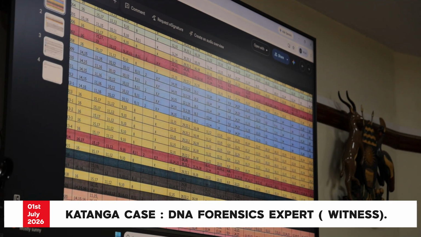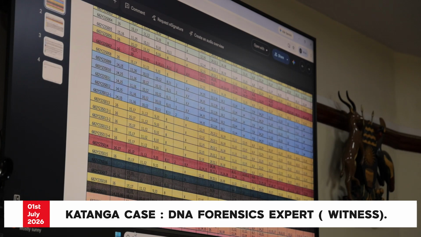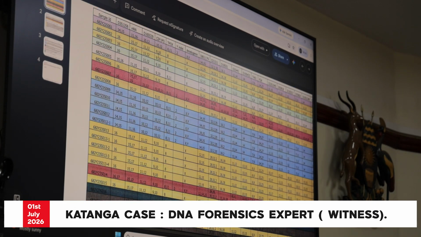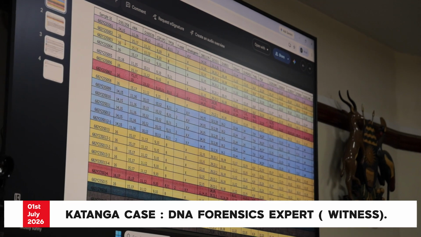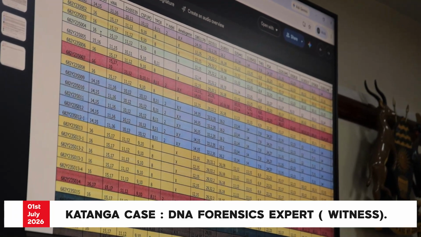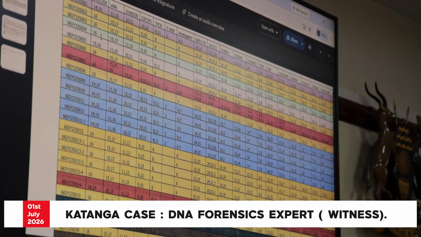So we are looking at the tabulated results of this sample, S004. This is Mole Katanga. And as you can see, there's a number relating to the specific area. This is taken directly from the EPG.